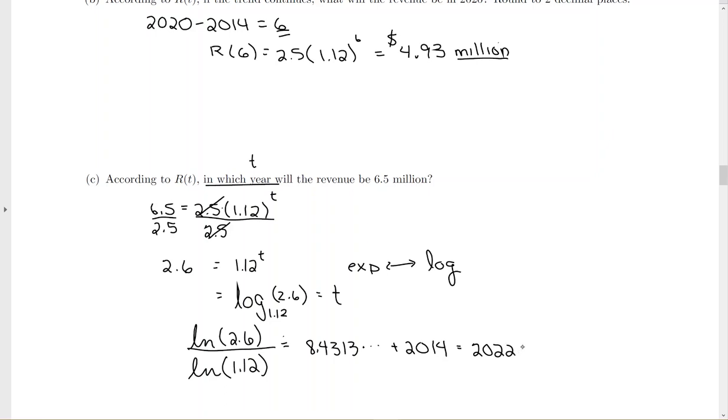In other words, there's going to be the 0.4313, but the decimal after it just tells me what part of the year I'm in. So like if it had been 0.5, then I'd be halfway through the year 2022. I don't really care what part of the year I'm in. My year is 2022. So even if this had been 8.8, I'd still be in the year 2022. I'm just a ways through that year 2022, but I'm still in that year.